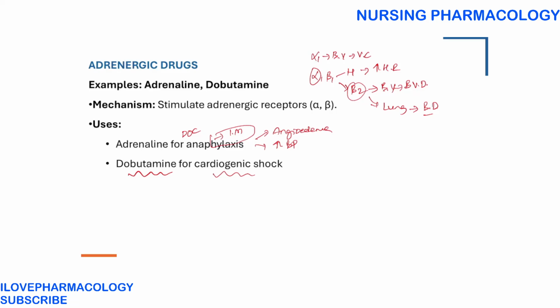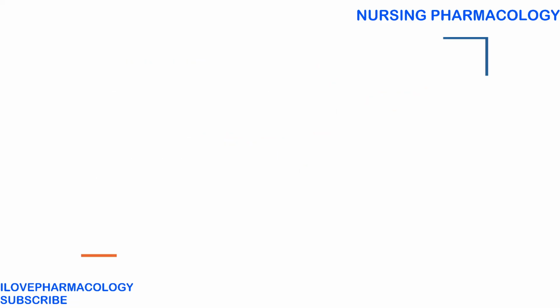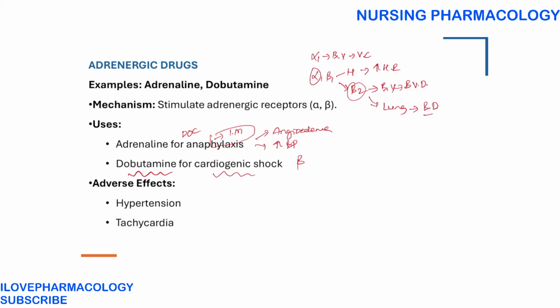It mainly acts on the beta 1 receptor without any reflex tachycardia. And side effects are, since adrenaline can increase the blood pressure, you should be very careful when you are giving it in patients who are hypertensive or in a pre-hypertensive phase. It can cause hypertension, that is increase in the blood pressure, and it can cause tachycardia, increase in the heart rate. So there can be palpitation, tremors, etc. as well.